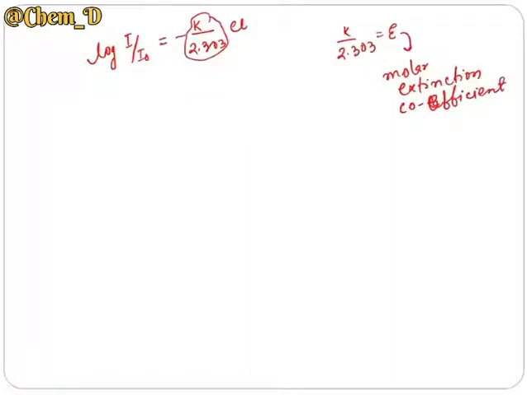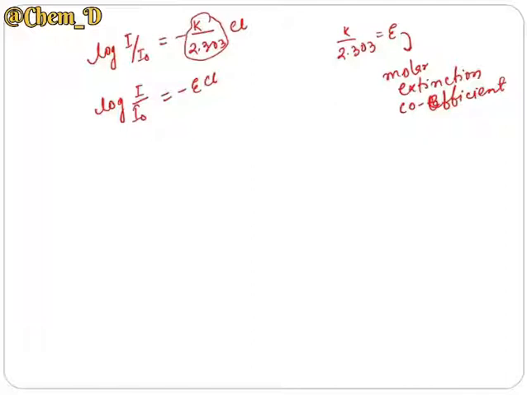So K is the normal extinction coefficient and E is the molar extinction coefficient. So we put log I by I0 is equal to minus ECL.